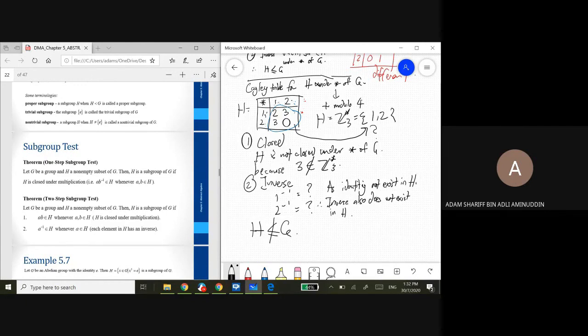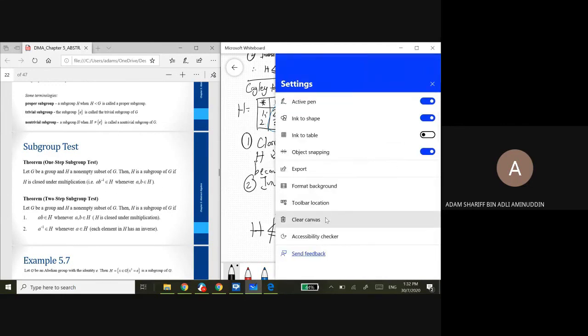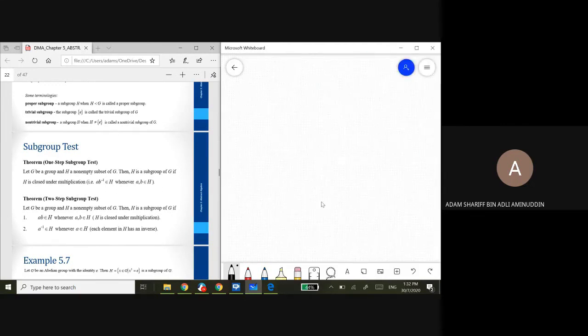Okay, because Nick asked like this, I want to show you another example still in the subgroup case. Okay, this is an example of a subgroup case. Kita still buat subgroup tapi kali ni tak guna Cayley table. Contoh dia macam ni.